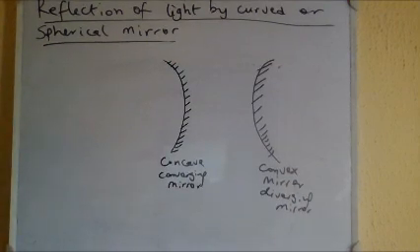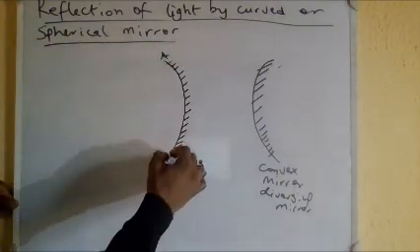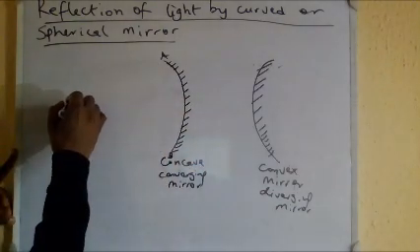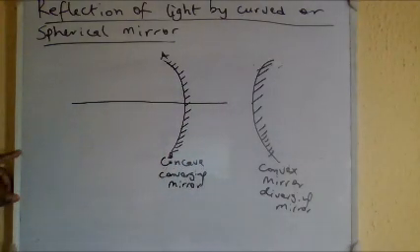So we're going to be discussing the parts of these curved mirrors. So we have the aperture. The aperture is AB. Now there is an imaginary line that runs through the center, and we call this line the principal axis.